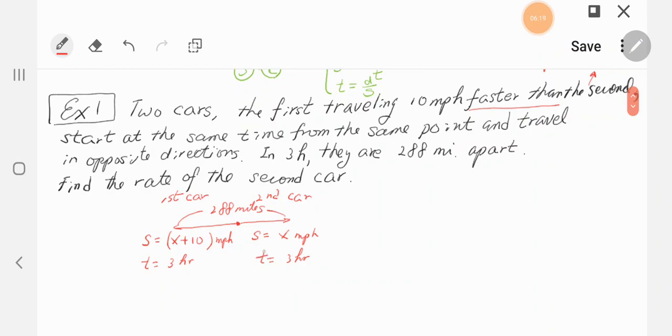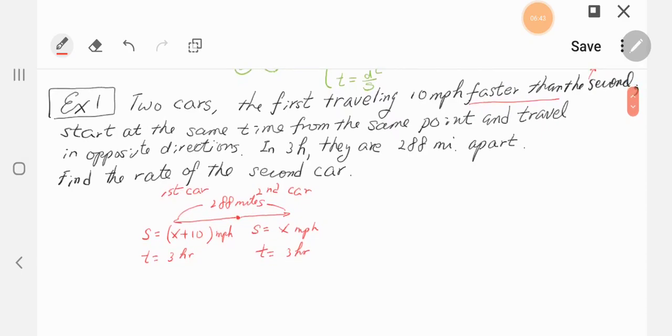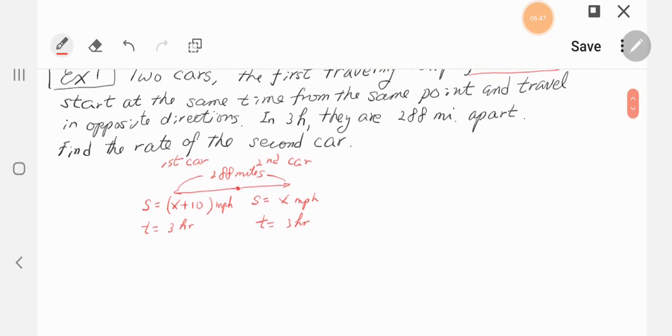I separate it into two parts, the left of the starting point and the right part of the starting point, and each part has different information. So find the rate of the second car. The rate of the second car is x, right? So we want to find the speed of the second car.